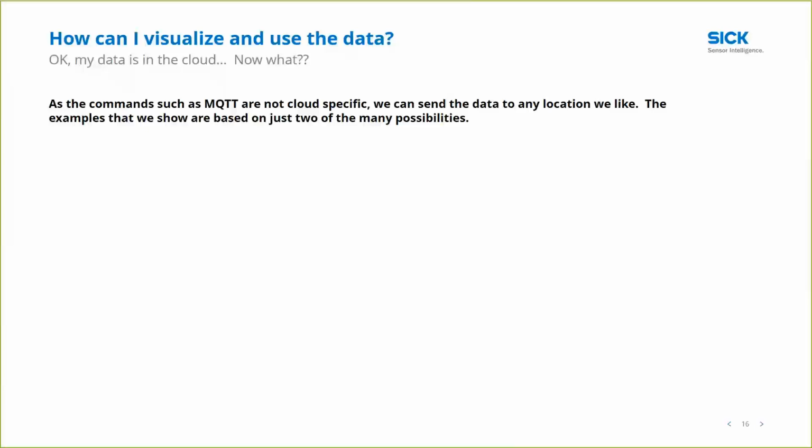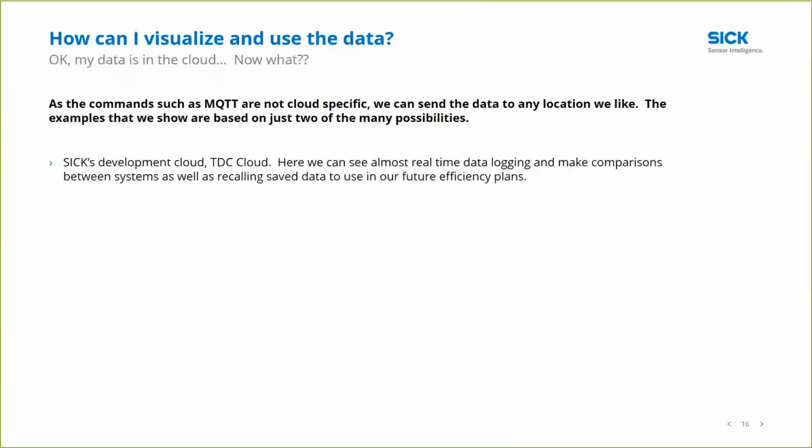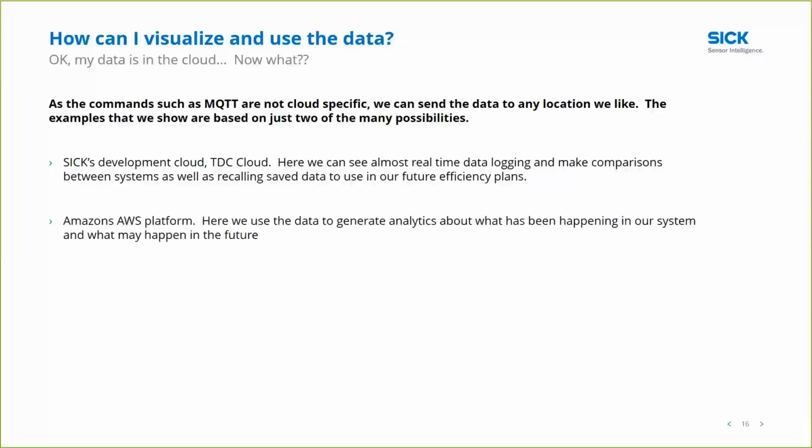So as you see here, the commands such as MQTT are not cloud specific. It's configurable, and we can send data to wherever we want. We've shown examples of the SIC development cloud, and we've shown examples of the TDC sending information to the AWS area as well. As I say, Azure, any other cloud provider would be used.